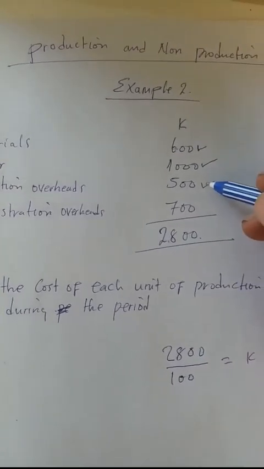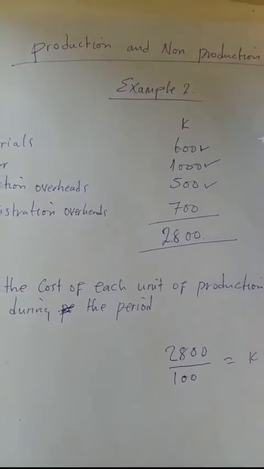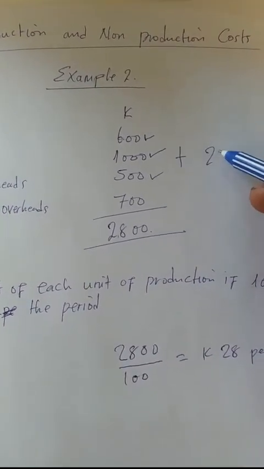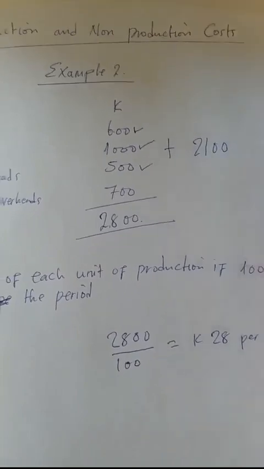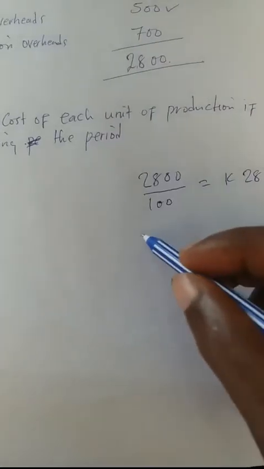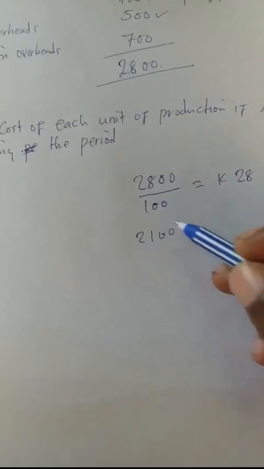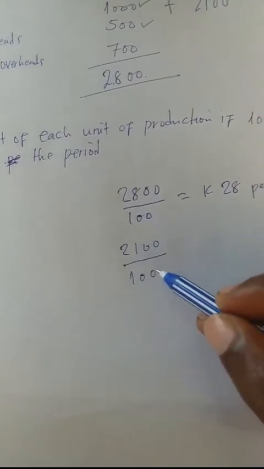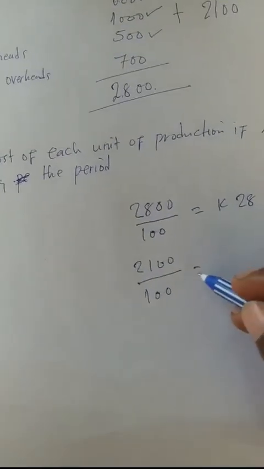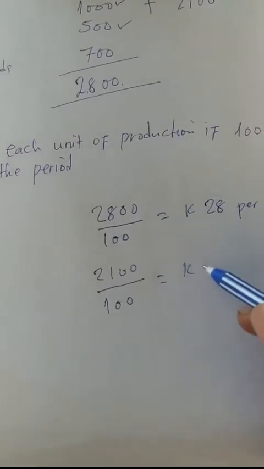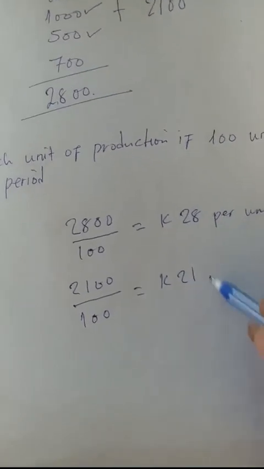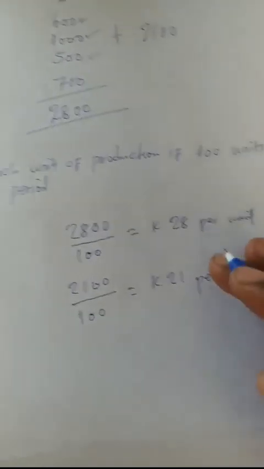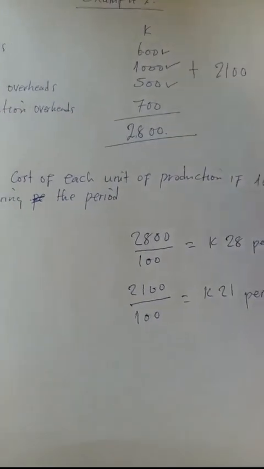They are overheads, but they relate to production. So you add these, and they'll give you 2,100 kwacha. The 2,100 kwacha is the one you divide by the total number of units, which is 100, and you find that the correct answer is 21 kwacha per unit. This is the cost per unit of production, 21 kwacha.